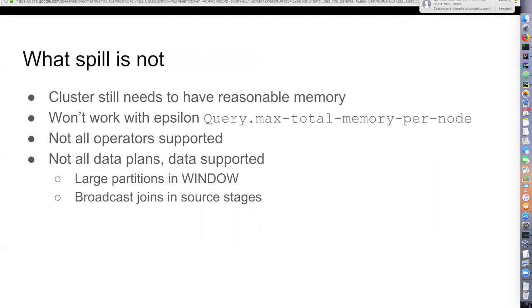And for example, operators like Window support spill, but you still need enough memory for a single partition to fit. When such a partition doesn't fit, the query will still fail with out of memory. So those are limitations.